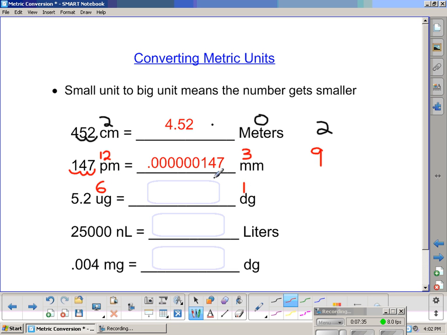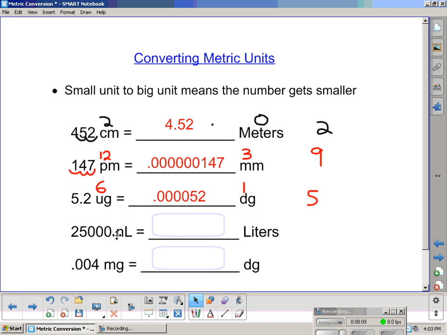So between those, if we're converting from one to the other, we're going to move 5 decimal places, which means this number is going to get smaller by 5 decimal places because we went from a smaller unit, micro, to a bigger unit, deci. So the number gets smaller by 5 decimal places. So we uncover that one, and there's our answer, 5 decimal places smaller. 1, 2, 3, 4, 5.